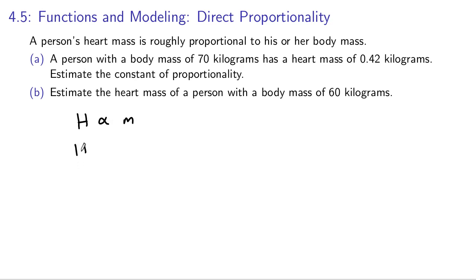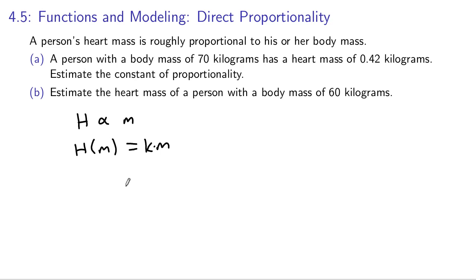So that would mean that we have the heart mass as a function of the body mass. So that means it's directly proportional to, we must have some constant of proportionality times the body mass. And again, I'm going to put a dot here because km looks like kilometers.